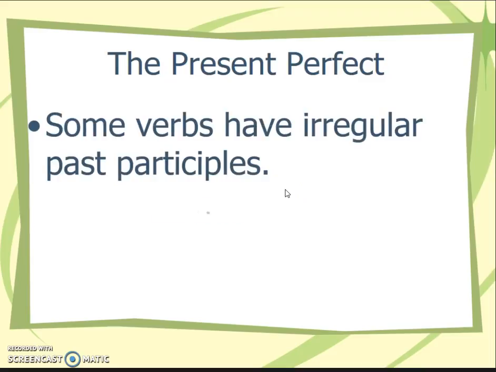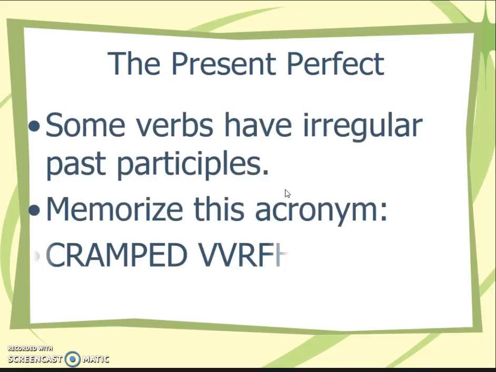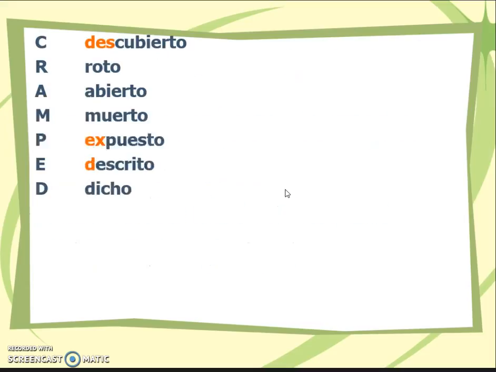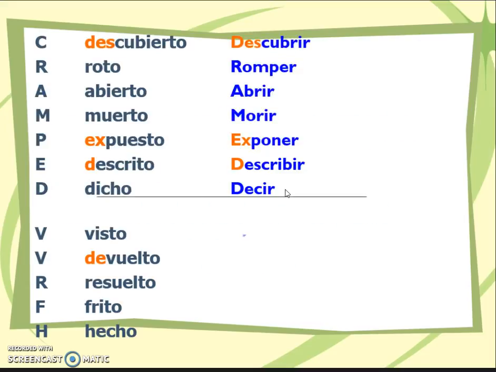Some verbs have irregular past participles. And of course, we've got CRAMPED VVRFH. And here are all of them. Those are the verbs that they go with and their participles. Now, the C in CRAMPED is for cubierto, or the verb cubrir. So I went through this, and again, it depends on which video you've watched.